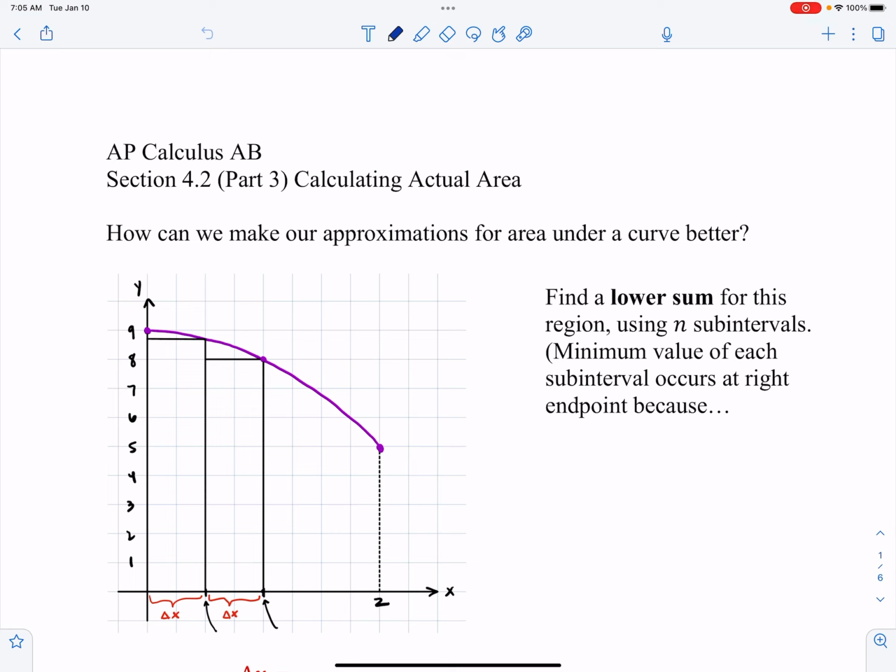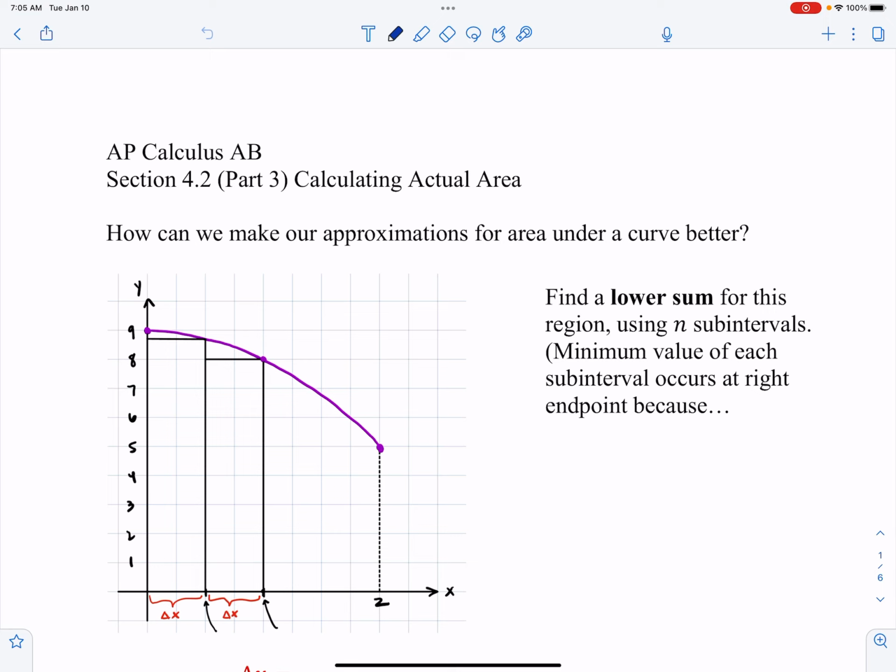And then in this lesson, we're going to begin talking about calculating the actual area. Last class we talked about how we could get a better approximation of the area using that method of adding up the areas of rectangles. And you told me, well, we could use more rectangles.